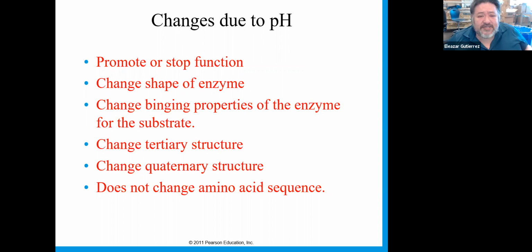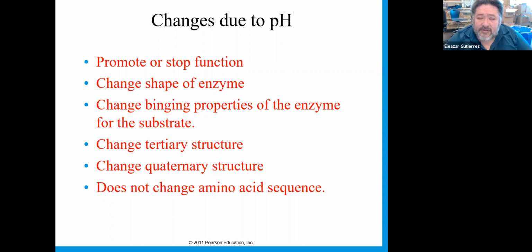What will pH do to a protein? Will pH do something to a protein? Yeah, it will. We have various environments in our body that only function at either low or high pH. A good example of a low pH is our stomach and our duodenum, because it is where the chyme that still has hydrochloric acid enters the small intestine.